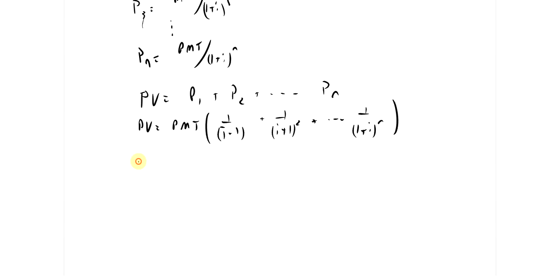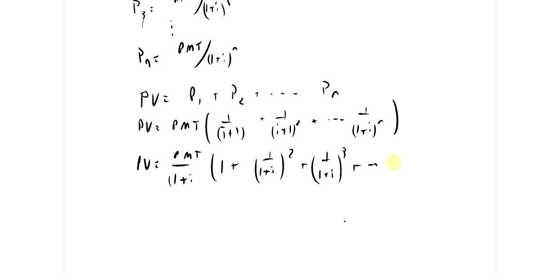Great. So to simplify my life a little bit, I'll factor out one of these guys. So payment over (1 + i) times 1 plus 1 over (1 + i) plus 1 over (1 + i)^2 plus dot dot dot plus 1 over (1 + i)^(n-1), and this is n minus 1 because we took one of those out.